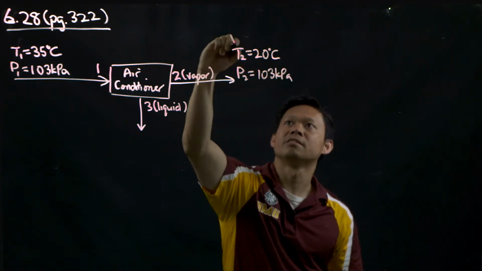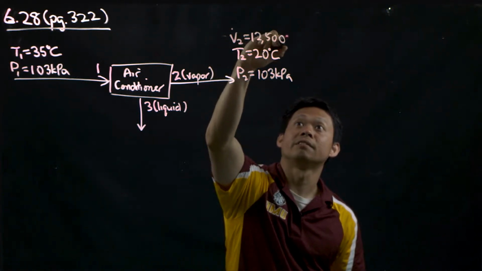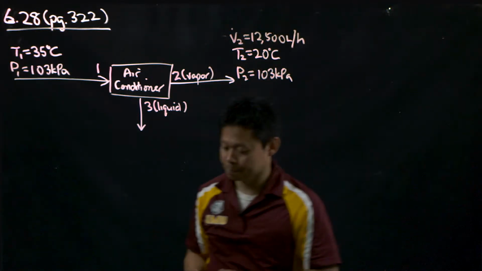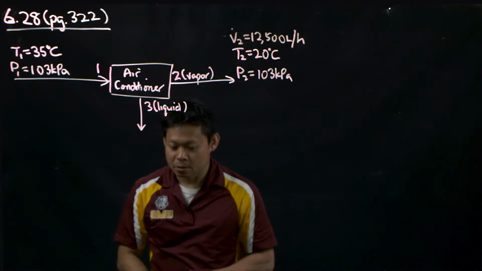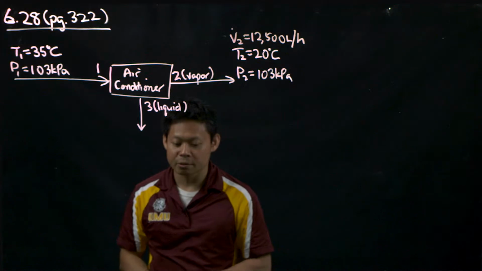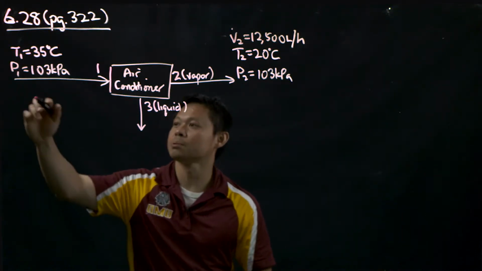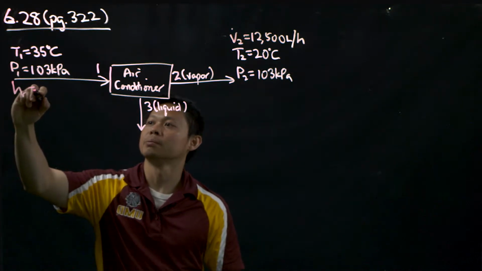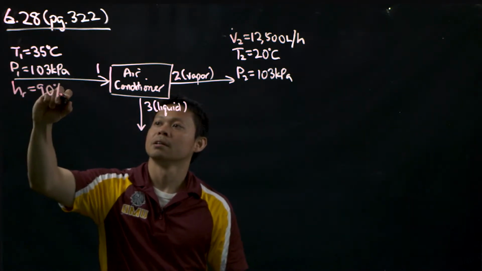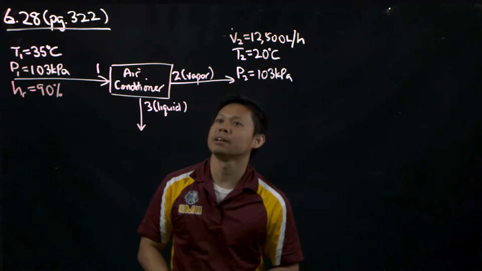And our basis is given right here, volumetric flow rate of 12,500 liters per hour. All right, so that's all the information we're given. We have a relative humidity of 90% down here, which we'll eventually use, but let's just put it down here. Relative humidity 90%. In terms of all the other variables, we have nothing.